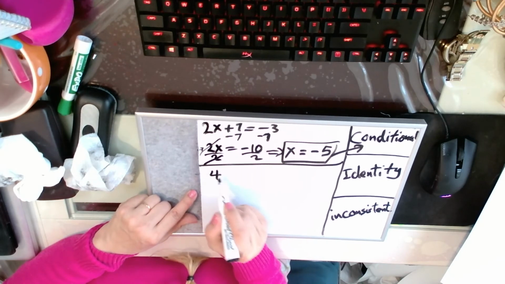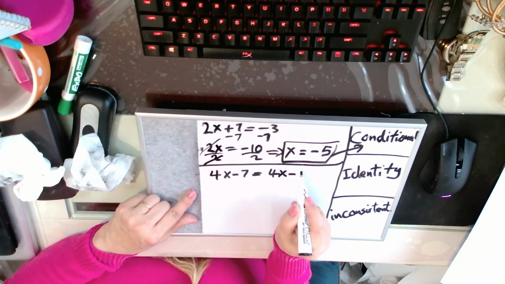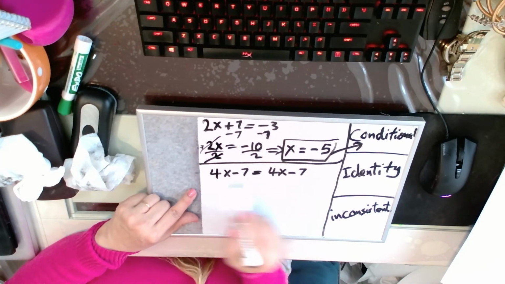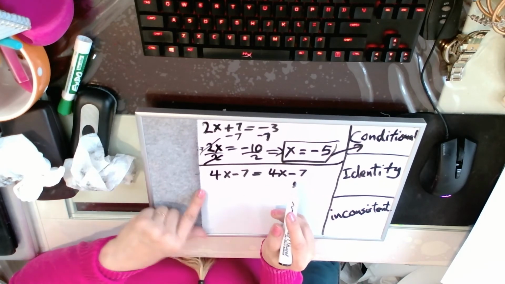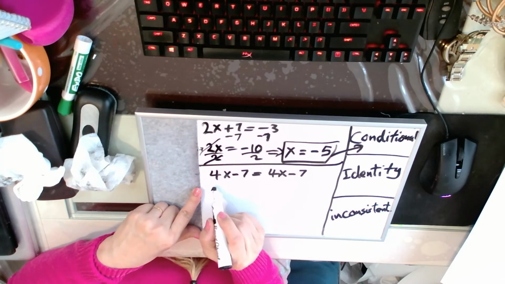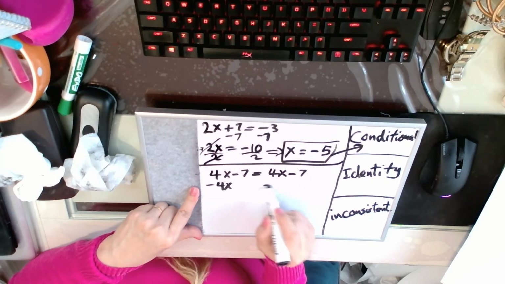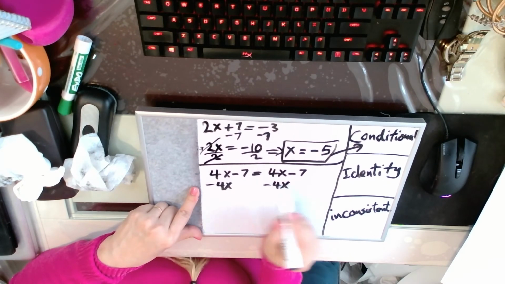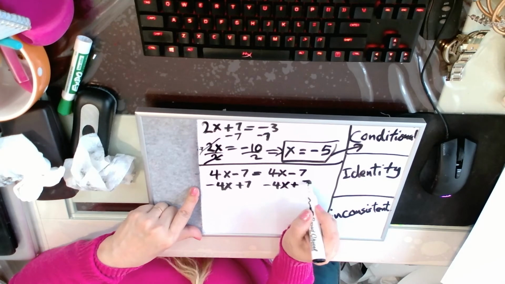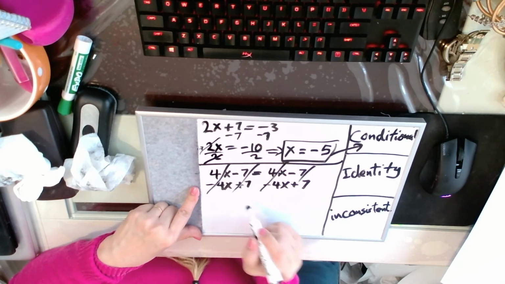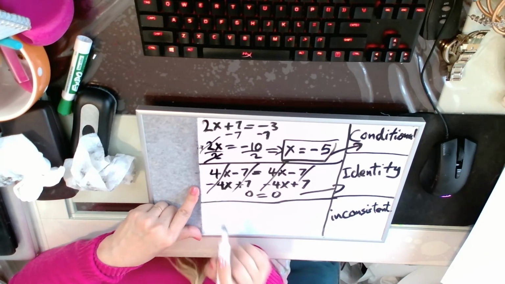Okay, let's find the identity. For example, 4x minus 7 equals 4x minus 7. Did you see that 4x minus 7 equals 4x minus 7? So we're gonna just subtract from both sides 4x, and add 7 to both sides. Bam, bam, bam. So it's 0 equals 0. So this is identity.